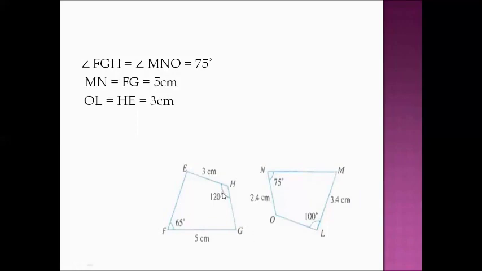We need to compare the corresponding sides and angles of each other to find out the missing dimensions of both the quadrilaterals. So, if this is 3 centimeters, this is also 3 centimeters. And what is missing here? Angles. So, angle O and angle M. So, if LMN is equal to angle EFG.